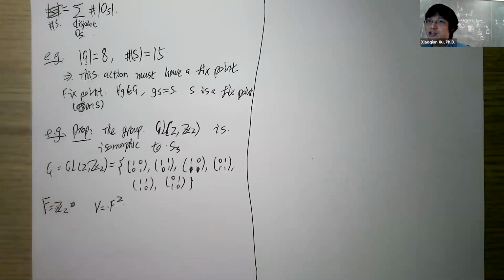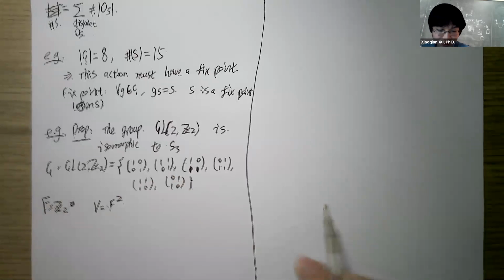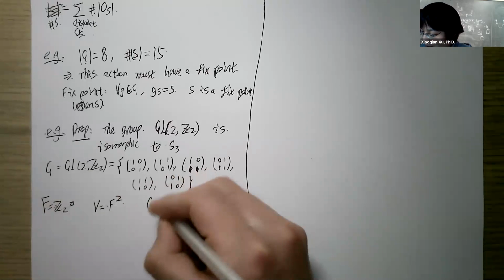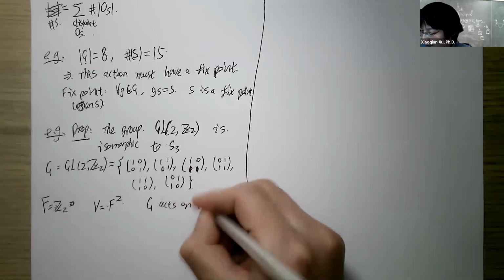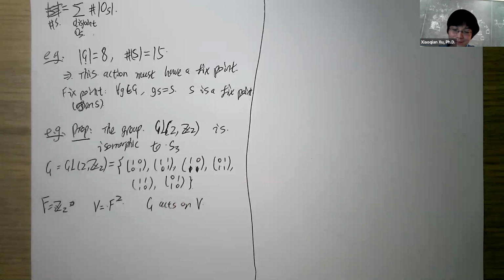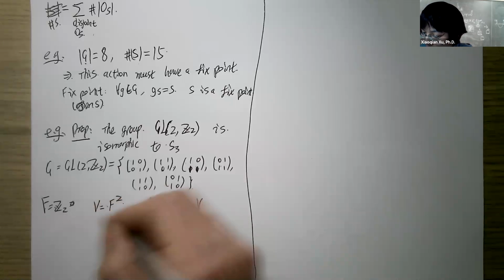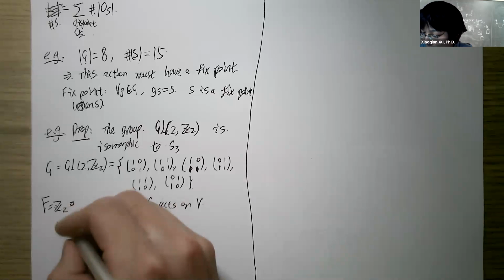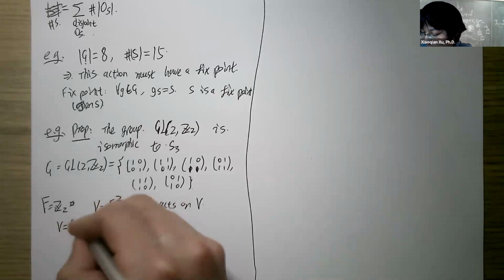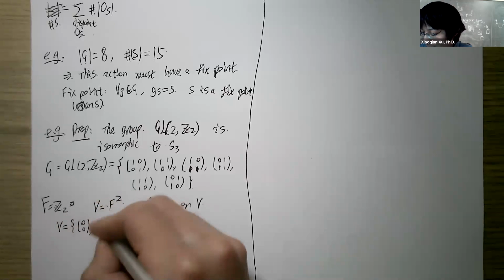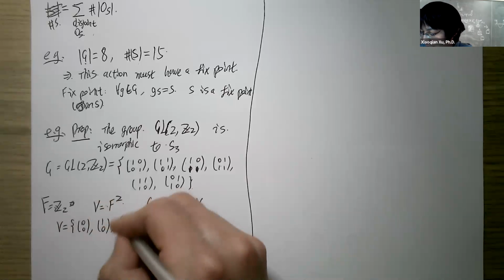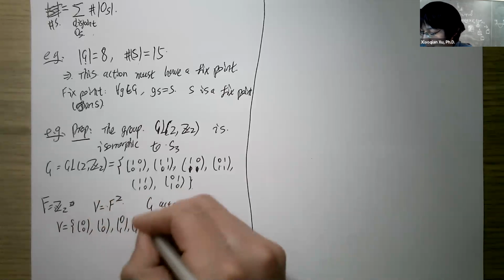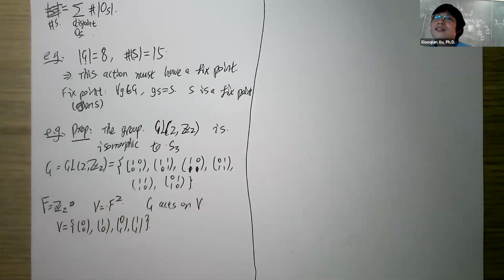That's a very natural action that you can imagine, right? So G acts on V. Okay, and you can see that V equals (0,0), (1,0), (0,1), and (1,1). You only have 4 elements in V.